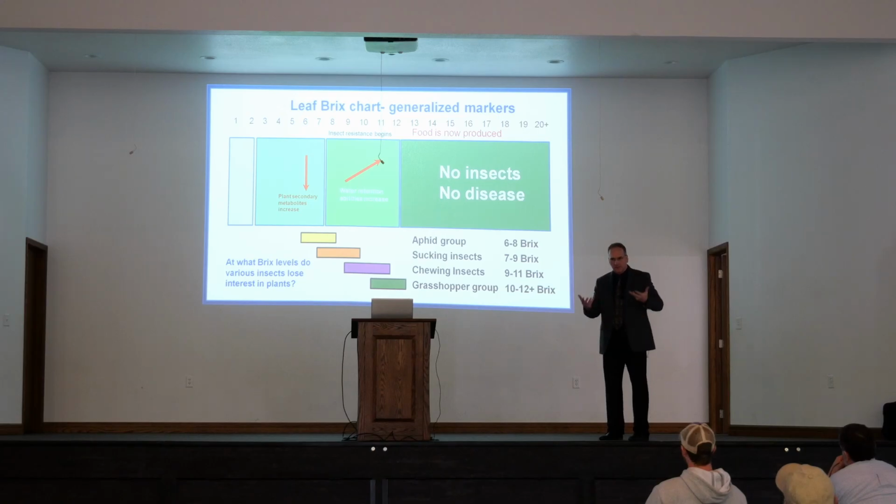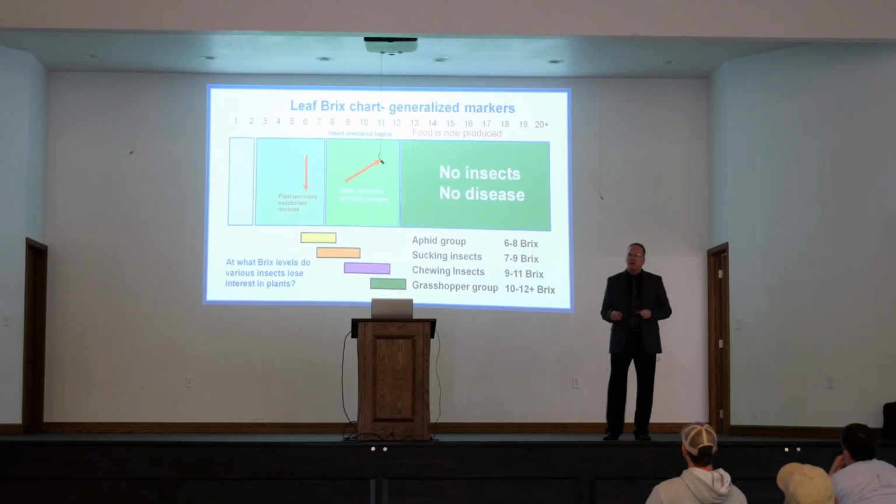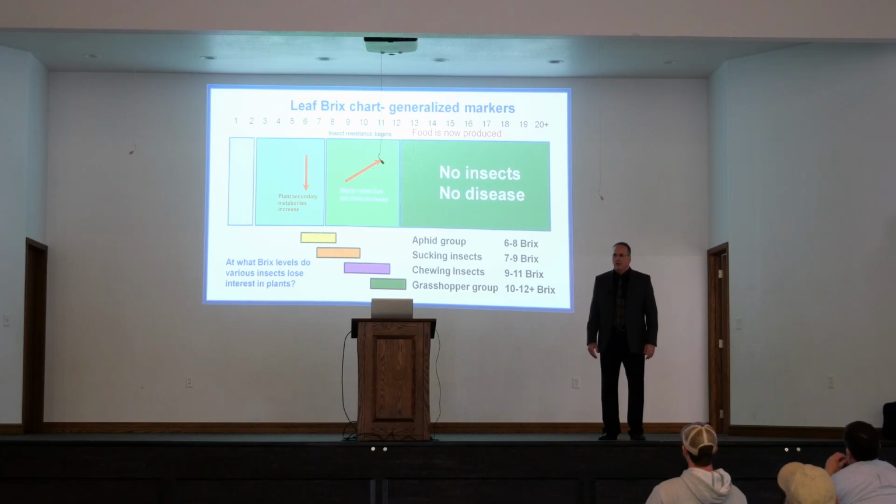So now that the plants are low enough, the corn leafhopper will now come in and it will start to reproduce, and it will create a problem that wasn't there before. Not because the corn leafhopper is a problem, but because the Brix levels are now going further and further down, which is bringing in new insects. And that's what's going on with the sweet corn.